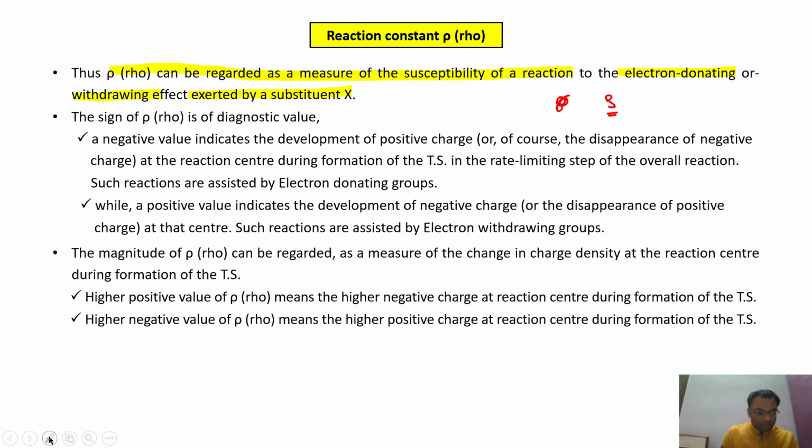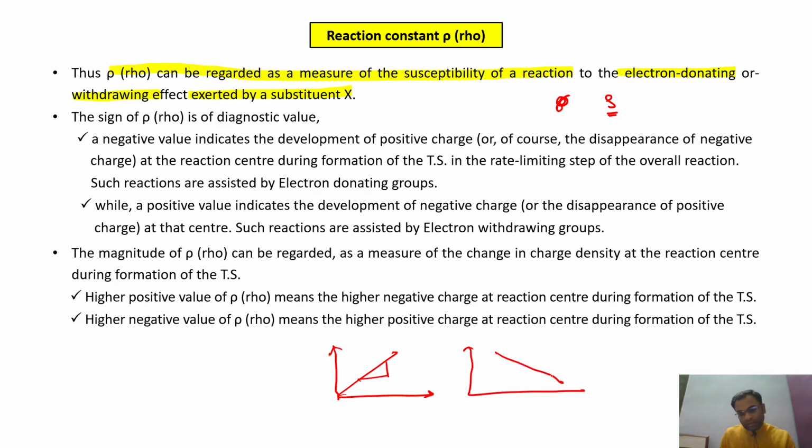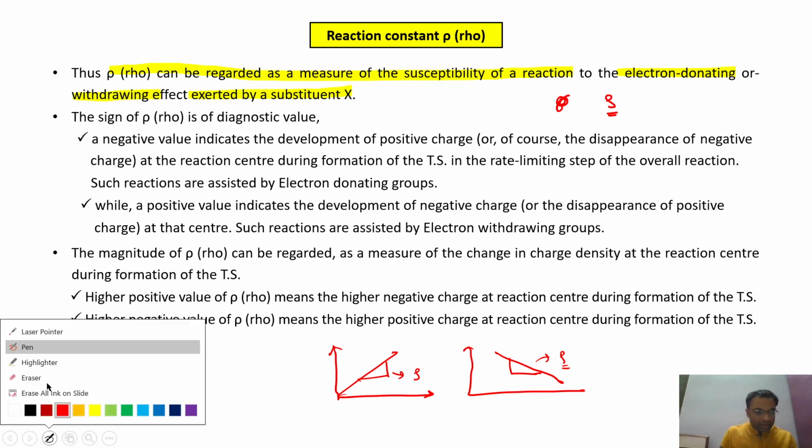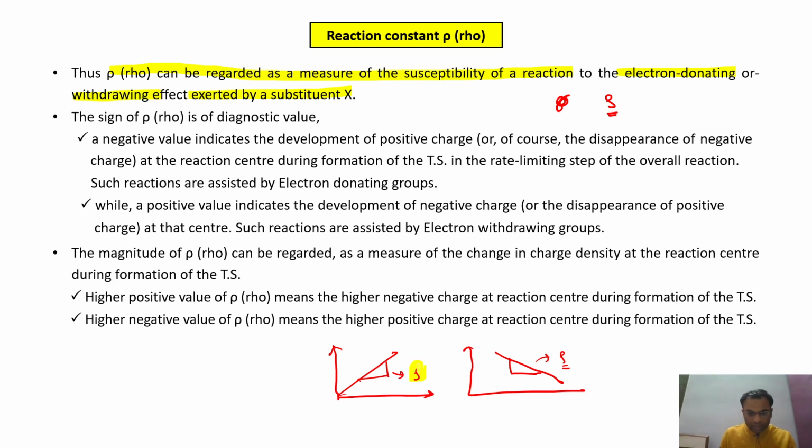Now this rho is nothing but the slope of the straight line. For any particular kind of reaction, the value of the reaction constant remains constant at constant temperature.